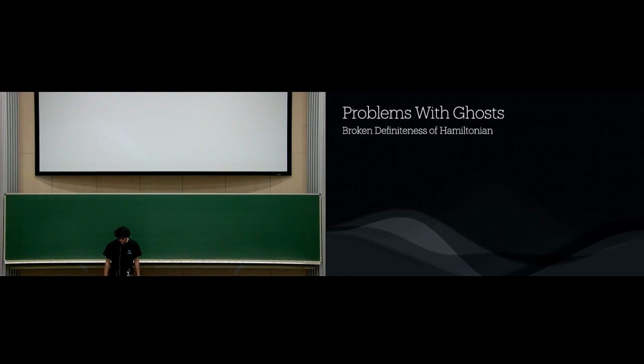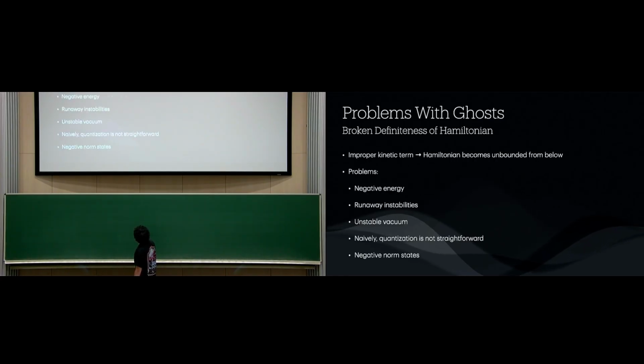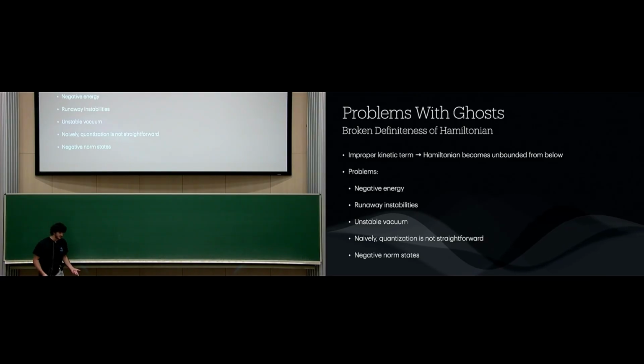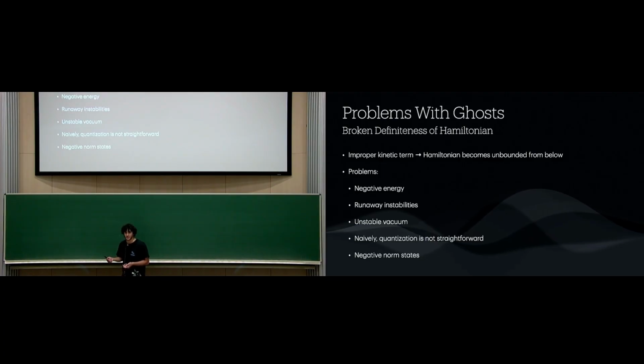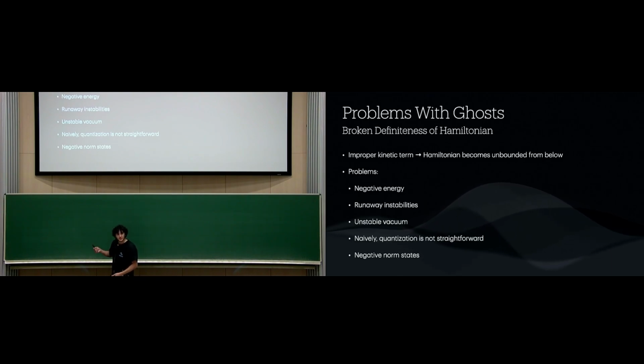Okay, so what are some of the problems with ghosts? As I said, the Hamiltonian becomes unbounded from below. So now you have negative energies that are accessible. If the ghost is dynamical and interacting, that's also a problem, because your system might experience these so-called runaways, where your dynamical degrees of freedom might run off to infinity, but because you have negative contributions to the Hamiltonian, they will cancel out and you will keep the Hamiltonian constant.